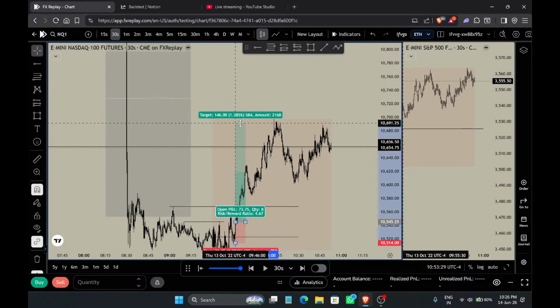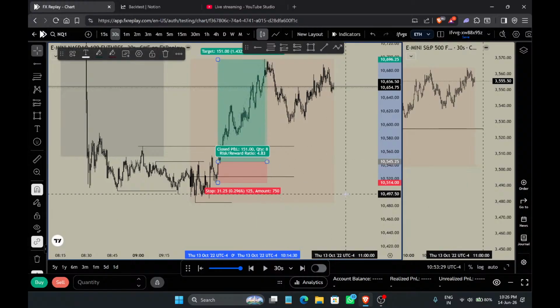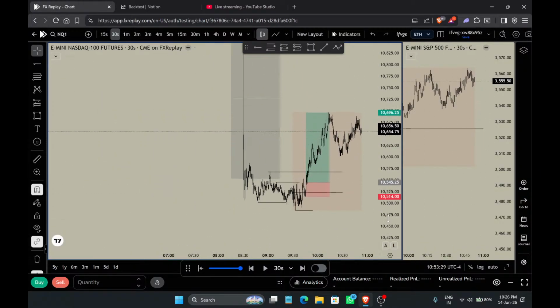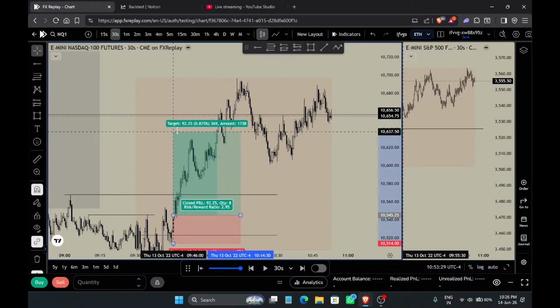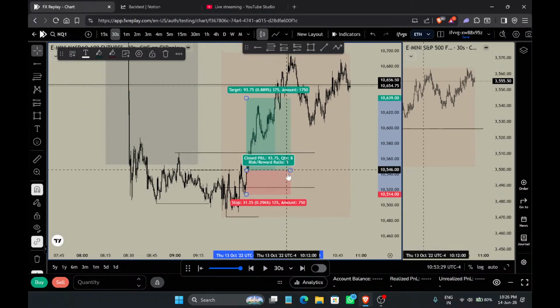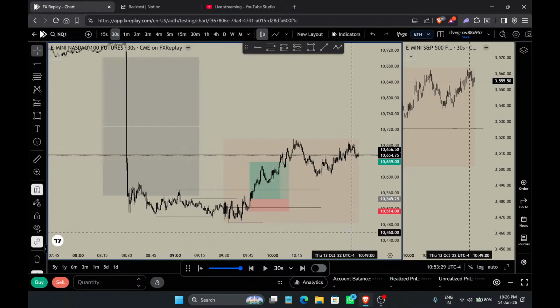It is around 4.8 R. Holy shit. What we actually get is around 3 R. Doesn't matter.